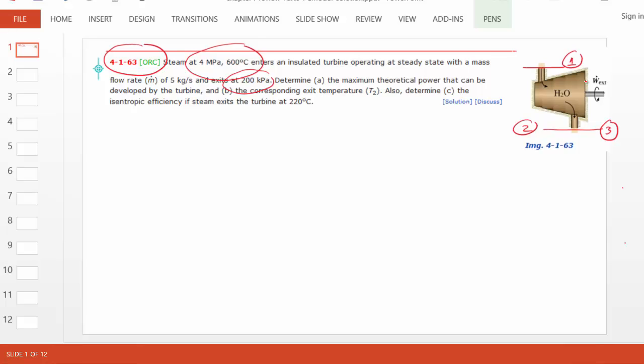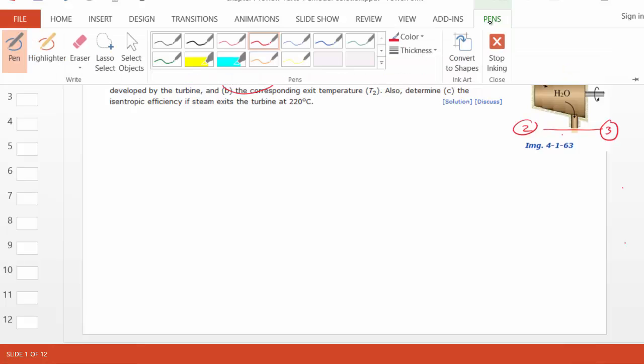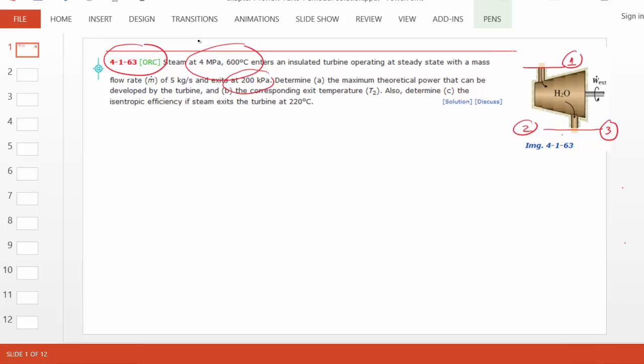We have solved this problem already using the PG model in a separate solution. And I'm going to write down some of the results we got from that solution so that we can compare later when we solve this problem by using the PC model.